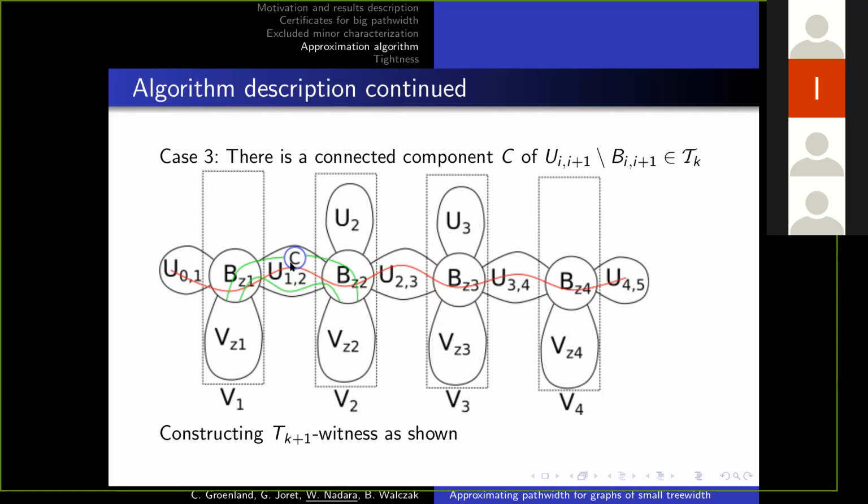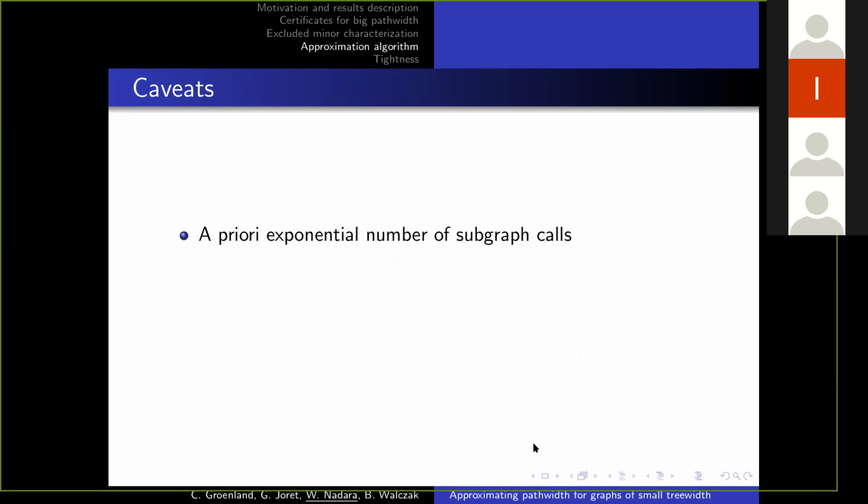And if there is a big component within that U12, then we find our witness by connecting it to the previous big subgraph and to the next big subgraph. And we can also find a connection between this VZ1 and VZ2 as well, which form a big witness as well. And it can be shown that these are actually the only cases. So we are done with our rough sketch of this algorithm.